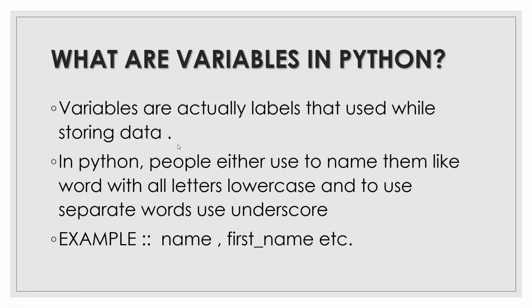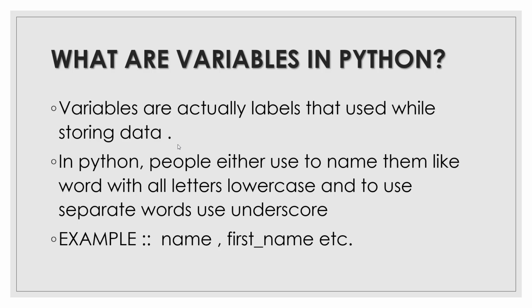The naming convention while naming a variable in Python is really important. Some things you need to be careful about: don't start the variable name with a number or any special character like hash or underscore, okay?